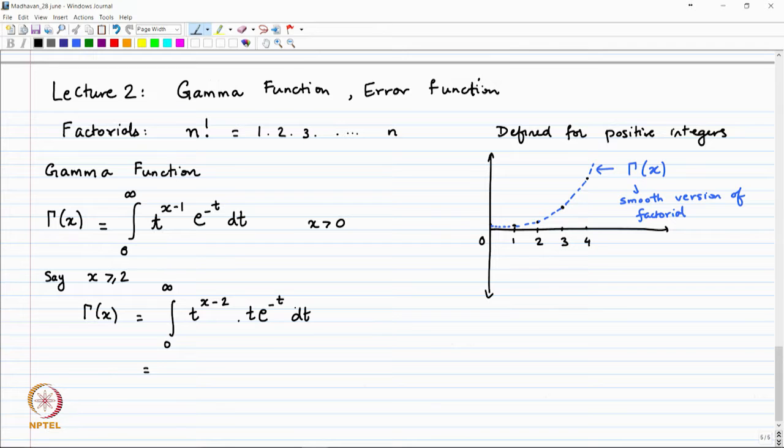If you integrate this by parts, then what you will get is the following. Let me take this as the first function and this as the second function.